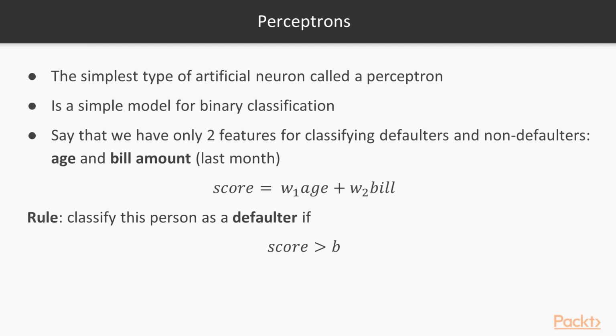From this simple operation, we create what we can view as a score. Then we follow this rule to classify people as defaulters or non-defaulters: if this score is greater than some number, then we classify this person as a defaulter.